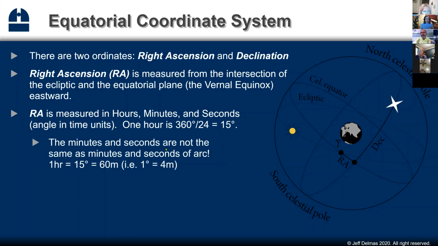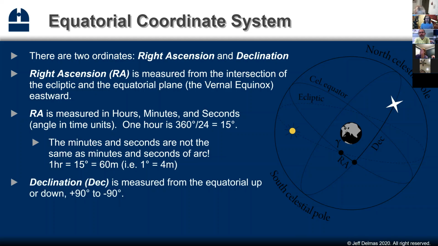But it's convenient for you to think of it as 15 degrees per hour. And another way to think of it is that 1 degree equals 4 minutes of time. This is not minutes of arc. I know this is a little bit confusing, but you have to think of right ascension in terms of time, not degrees, minutes, and seconds of arc. And then we have declination.